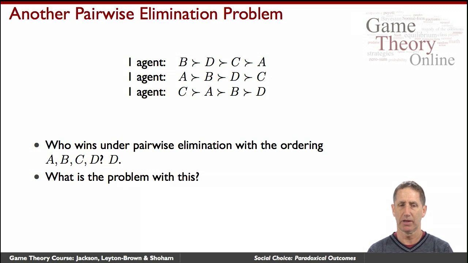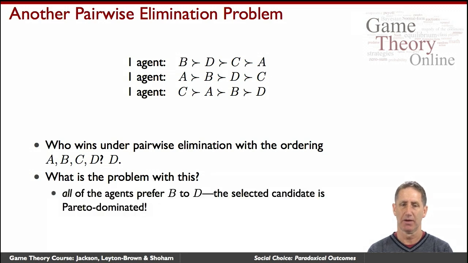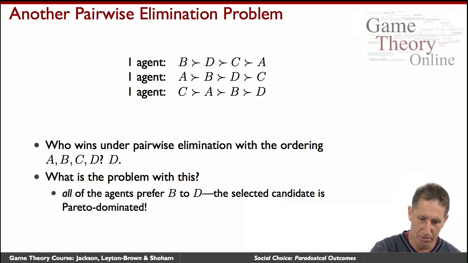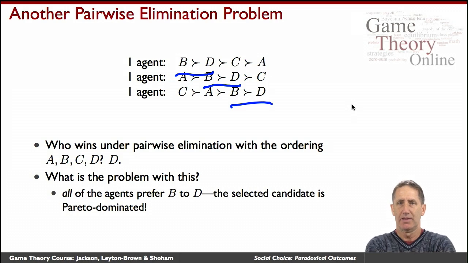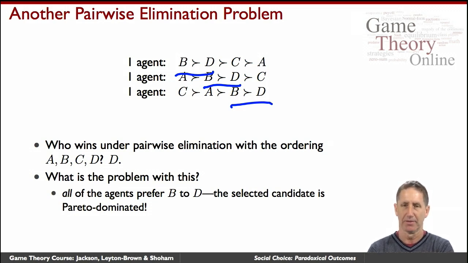We're talking about a given ordering and an outcome, but there's something a little troubling about this outcome. What is it? Pause the video, think about it, and realize that the problem is that everyone prefers B to D here. B is preferred to D here, B is preferred to D here, and B is preferred to D here. And yet D, this Pareto-dominated candidate, wins. So something is wrong in this picture.